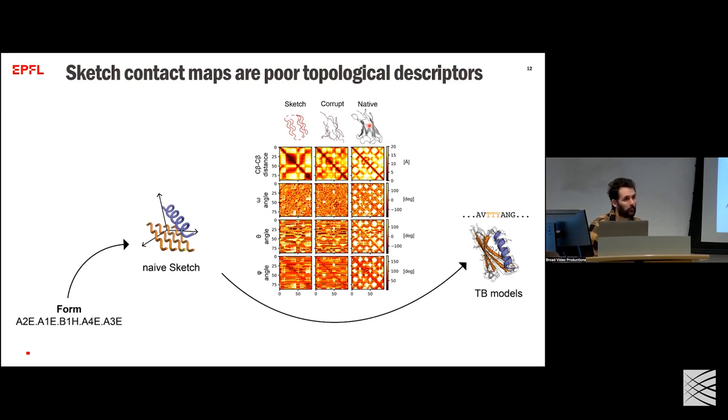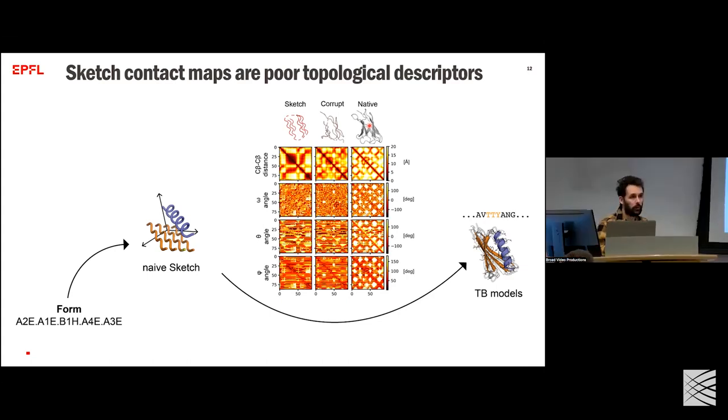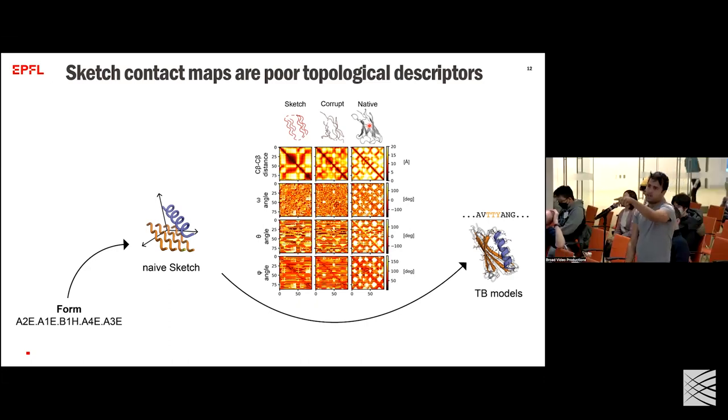For many native proteins, I cannot tell you for all of them, when you look at the contact map, they have very well-defined patterns, and they'll be the same across the different angles. So like the first row is the same as the second row in the native, or approximately.